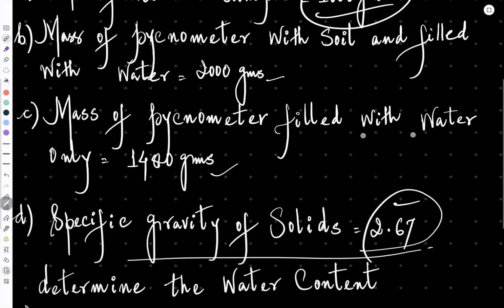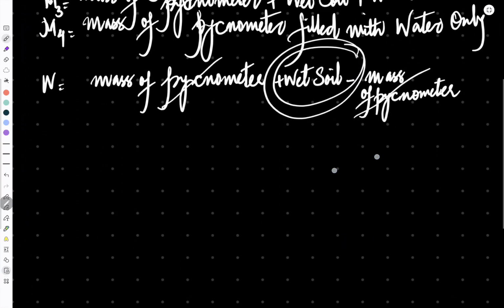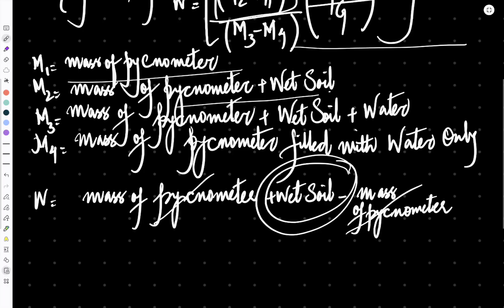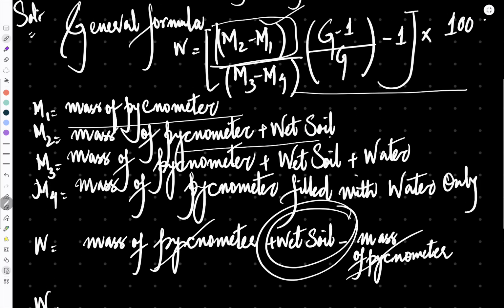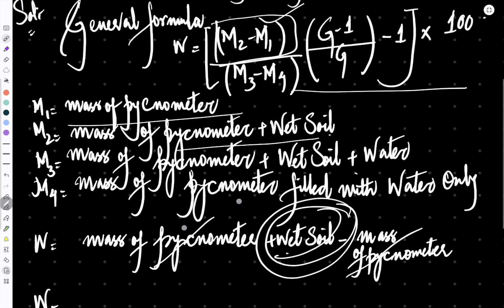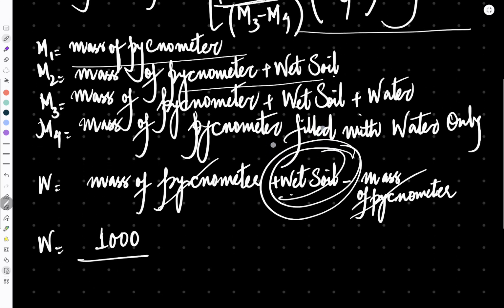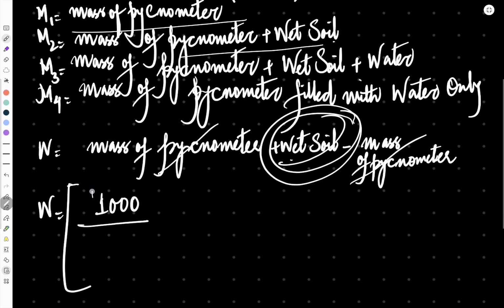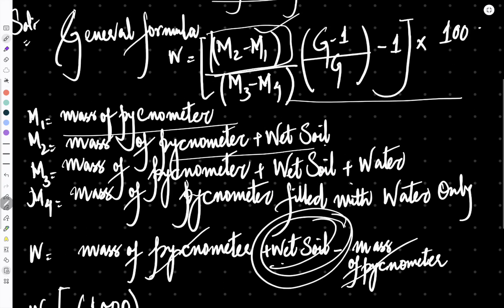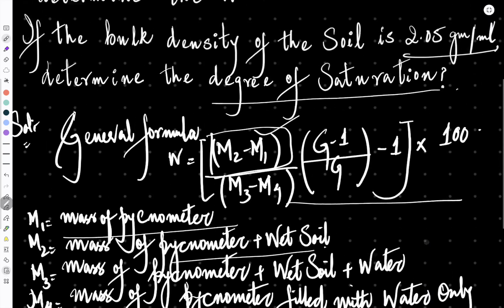So let me show you. W equals M2 minus M1, the mass of wet soil sample, 1000 grams, divided by M3 minus M4. M3 is the mass of pycnometer plus wet soil plus water. That is very well given in the question. How much?